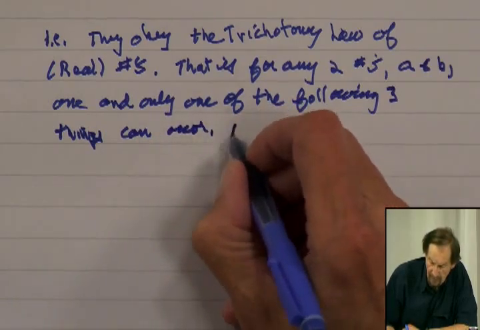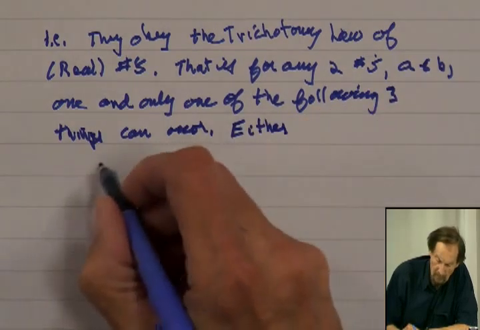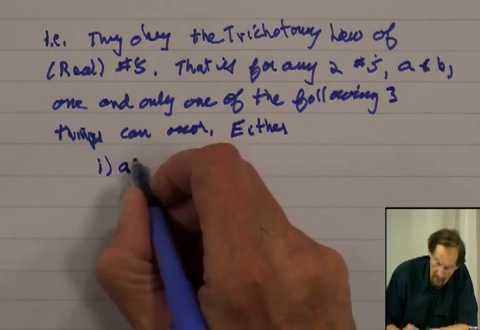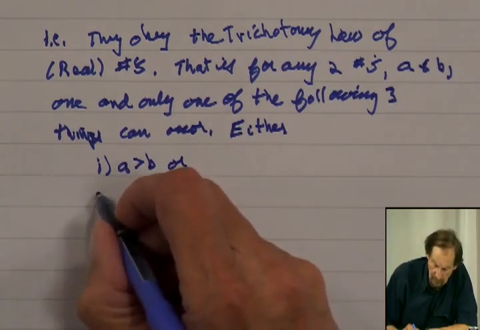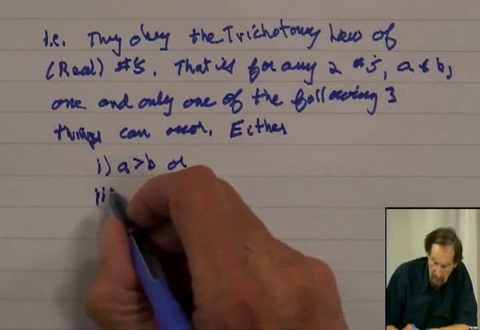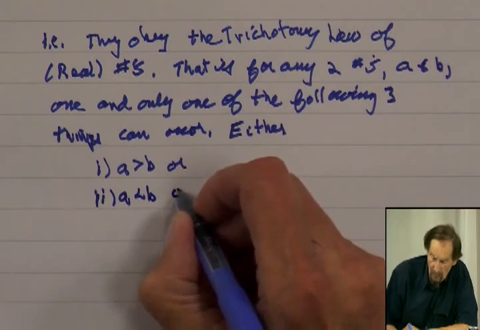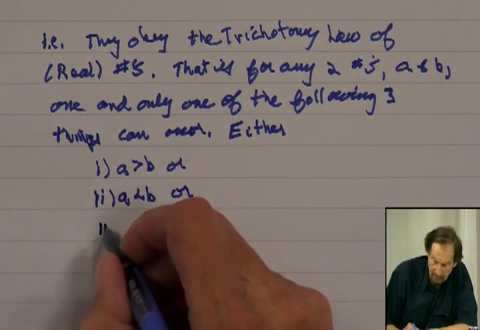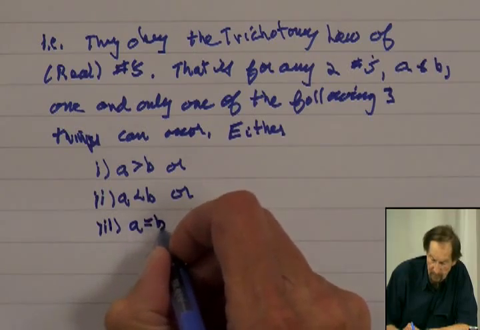We'll say either 1, A is greater than B, or 2, A is less than B, or 3, A equals B.